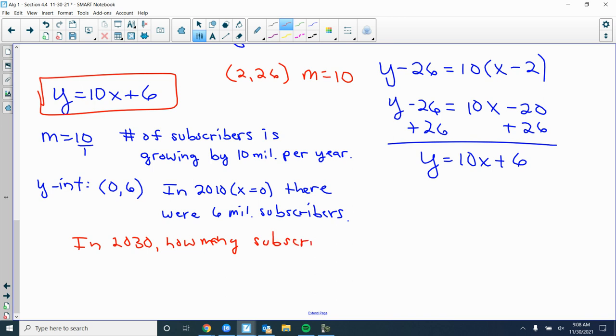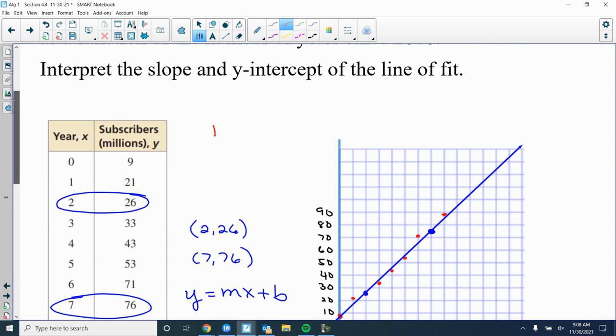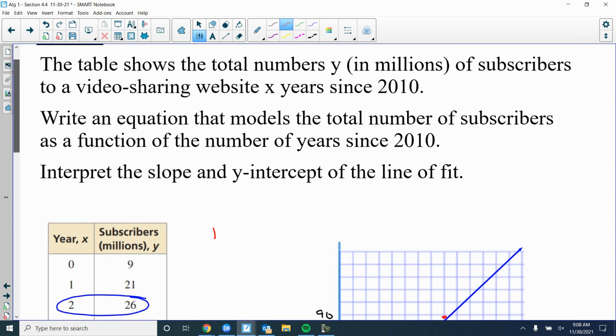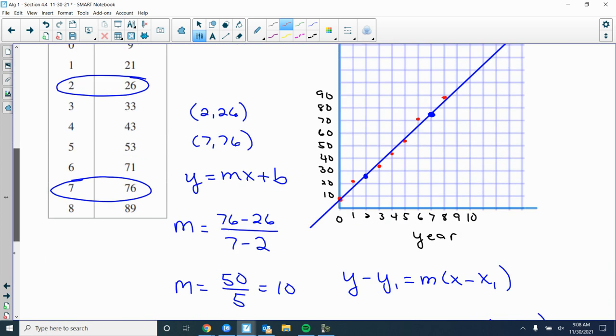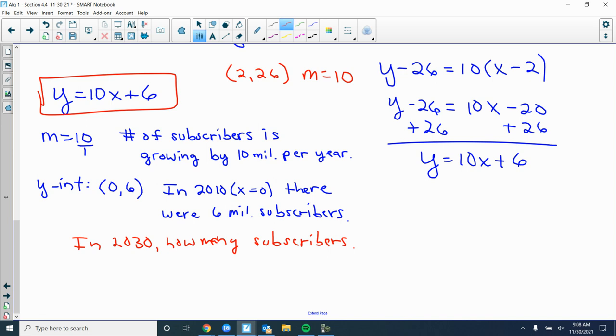Now, this is where we got to really read. Do we have to put the 30 in for the X? What does X represent? It says right there, it's the number of years since 2010. So in 2030, how many years will that be? 20. So you plug in 20 for X. So you let X equal 20.